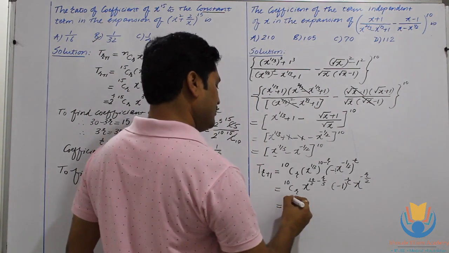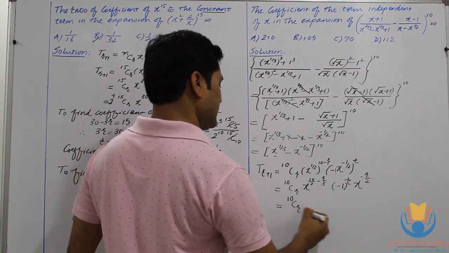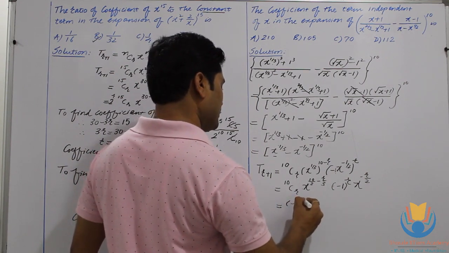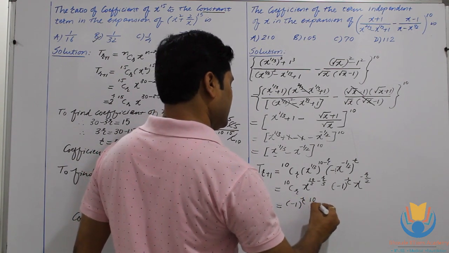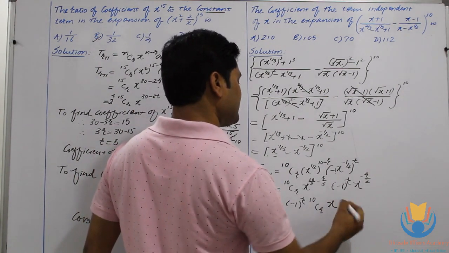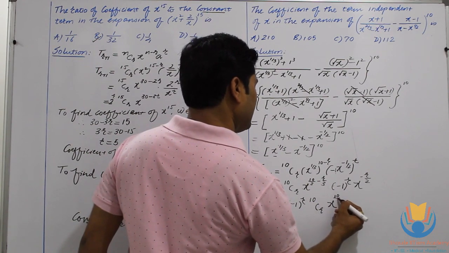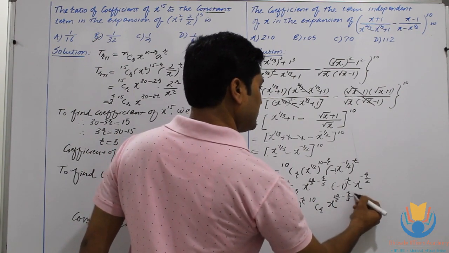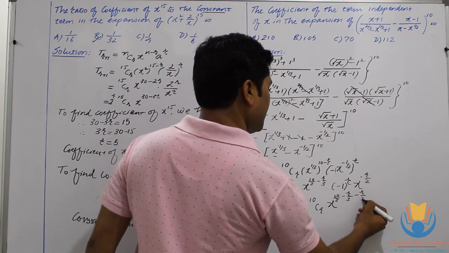So let's write in one more step. Before that we will write this minus 1 whole raised to r, and this 10 C r. So this is going to be the coefficient part, and the variable part is x raised to 10 by 3 minus r by 3 minus r by 2.